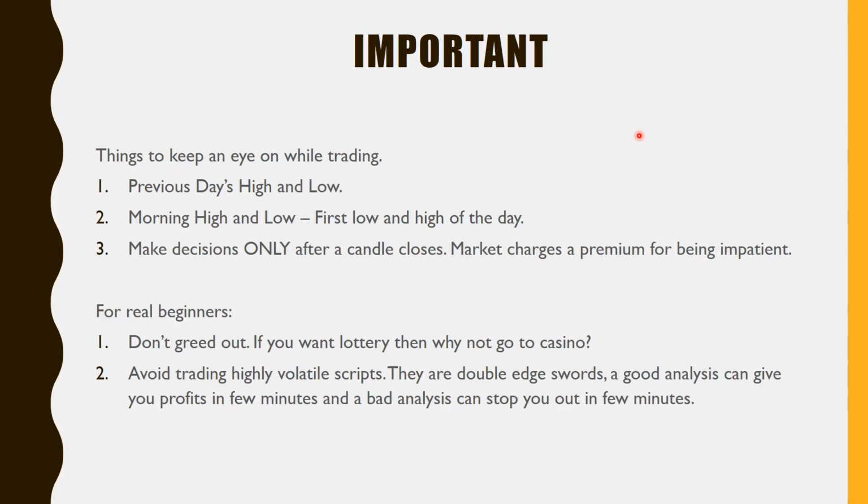Alright, now these are the things that you need to keep an eye on: previous day's high and low, morning high and low, the first low and high of the day. You need to make decisions only after a candle closes. Sometimes when people see a candle breaching a pivot line, even before the candle closes, they think, oh my god, this one might breach, it is breached.